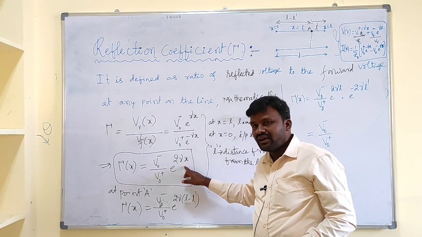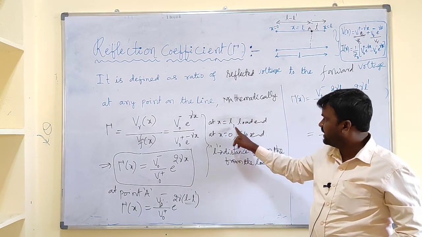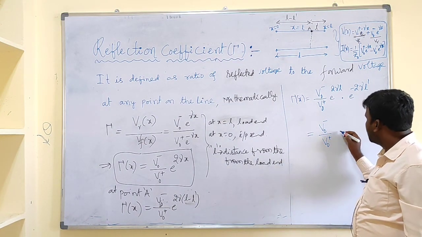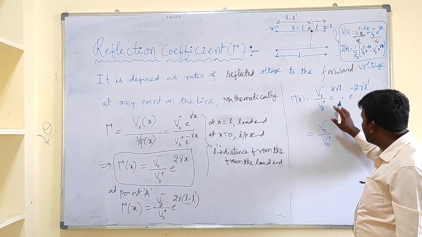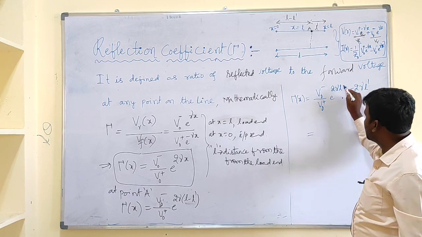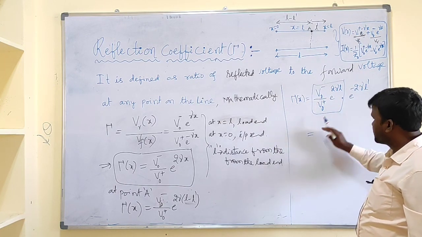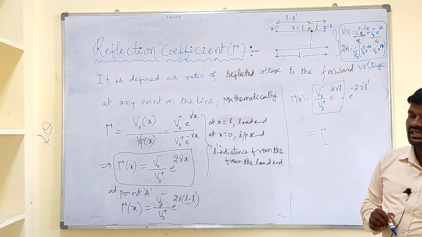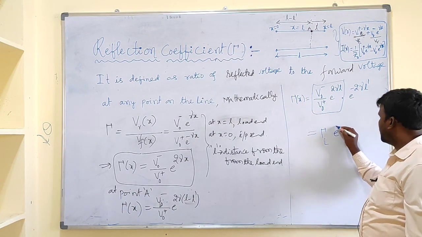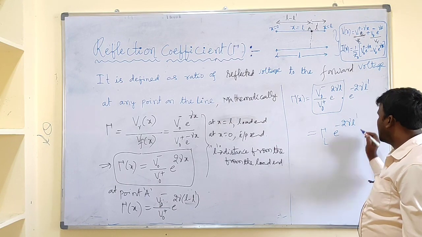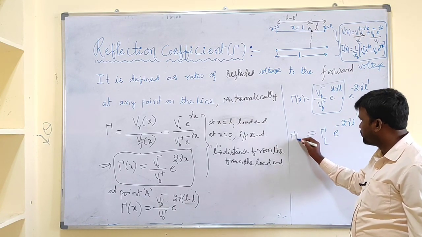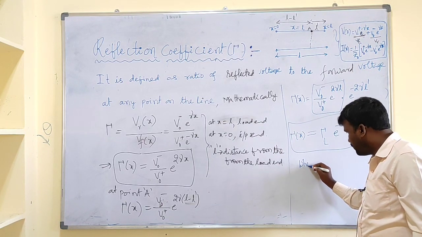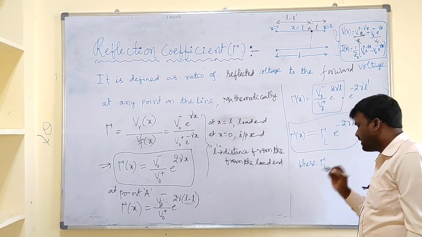If x is L, it is at the load end, so e to the power 2 gamma L term can be taken as the reflection coefficient at the load end, gamma L. So gamma of x equals gamma L into e to the power minus 2 gamma L dash, where gamma L is the reflection coefficient at the load.